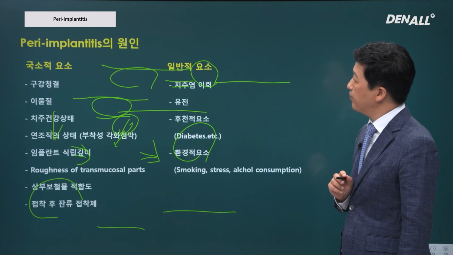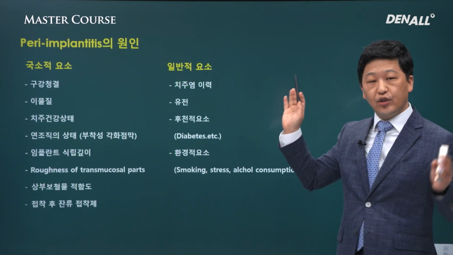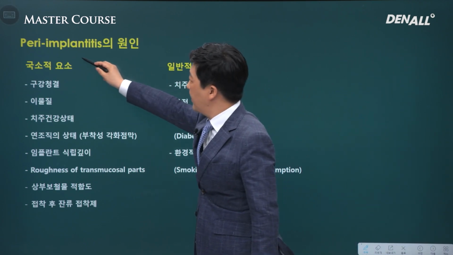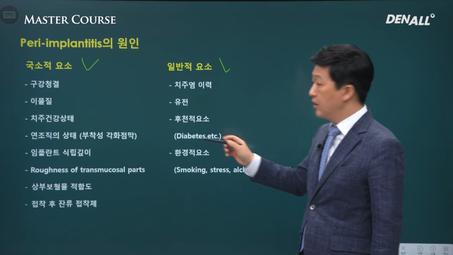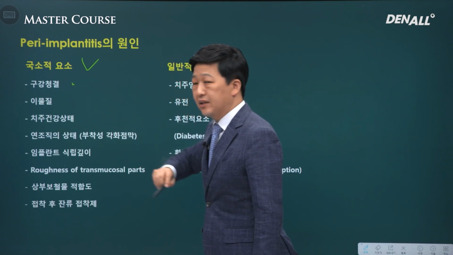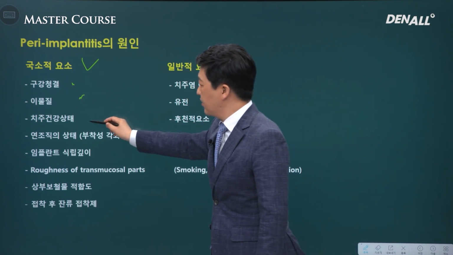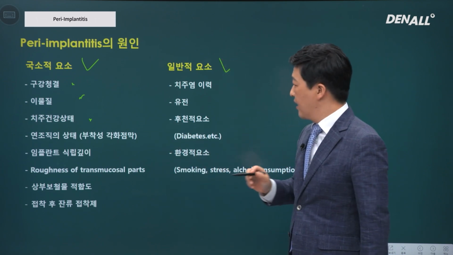What is the cause of peri-implantitis? There's a localized factor and a general factor. What is a localized factor? Lack of oral hygiene. Continuous food impaction can lead to it, and the periodontal condition is not good. Soft tissue condition is not good.